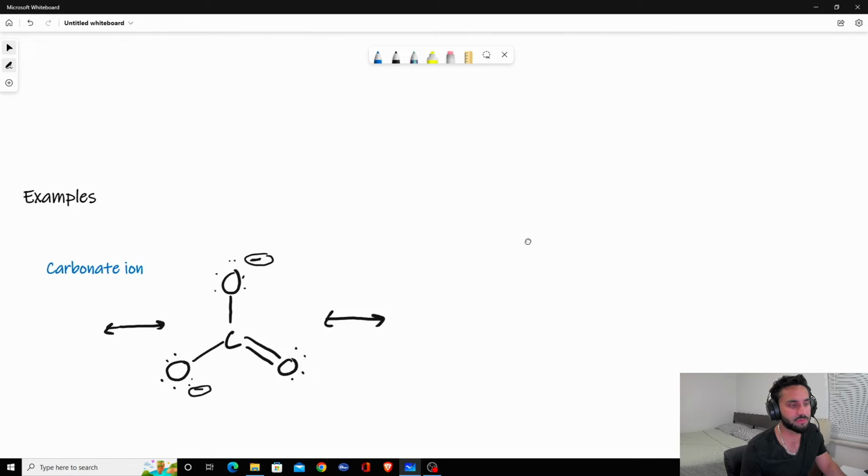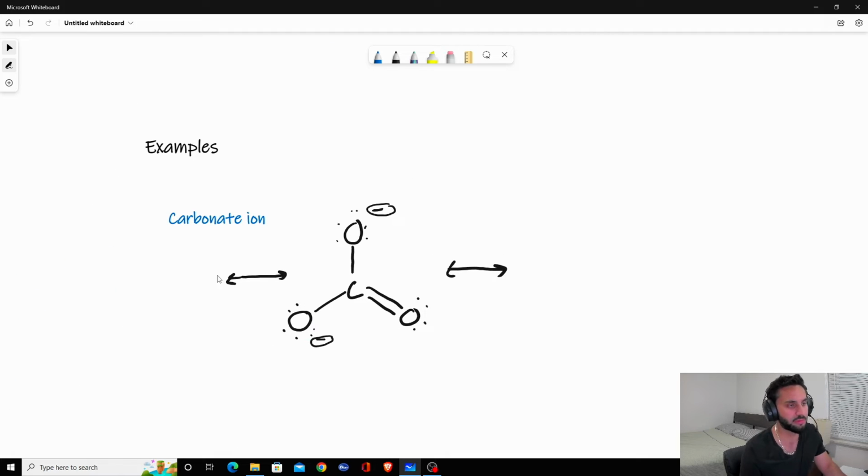Alright, so let's move on to this example, carbonate ion. And the way we're going to show the resonance structure, like we did before, is with arrows. So let's move these two lone pairs of electrons and make a pi system here. And since I want to make a pi system here, I have to break a pi system here and give the lone pair of electrons to this oxygen to follow the octet rule for this carbon. So let's draw that.